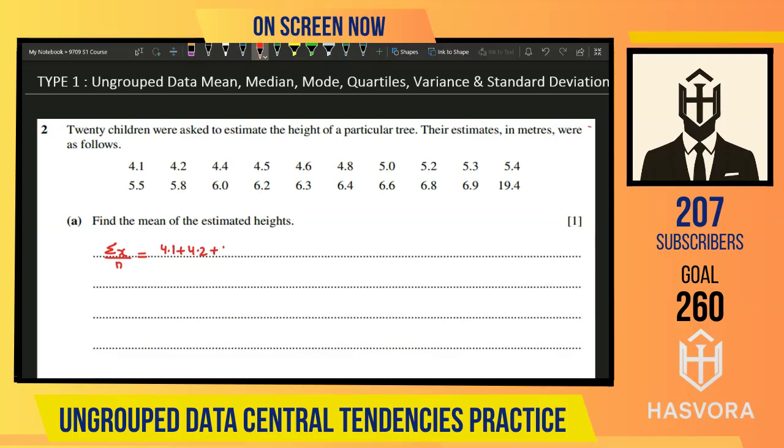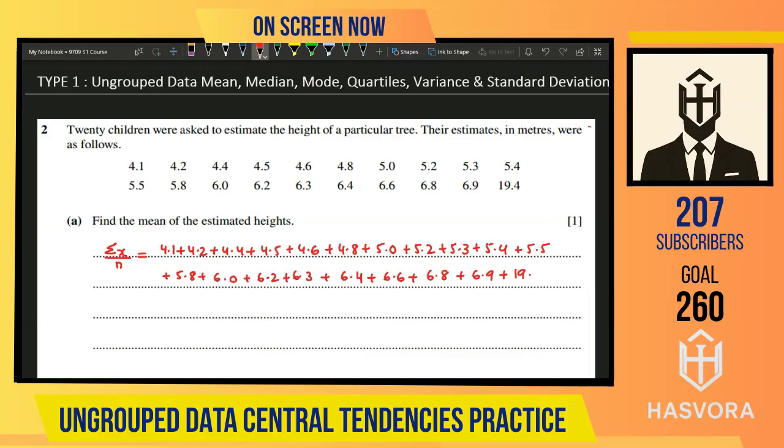plus 4.2 plus 4.4 plus 4.5 plus 4.6 plus 4.8 plus 5.0 plus 5.2 plus 5.3 plus 5.4 plus 5.5, plus 5.8 plus 6.0 plus 6.2 plus 6.3 plus 6.4 plus 6.6 plus 6.8 plus 6.9, and the last is 19.4.